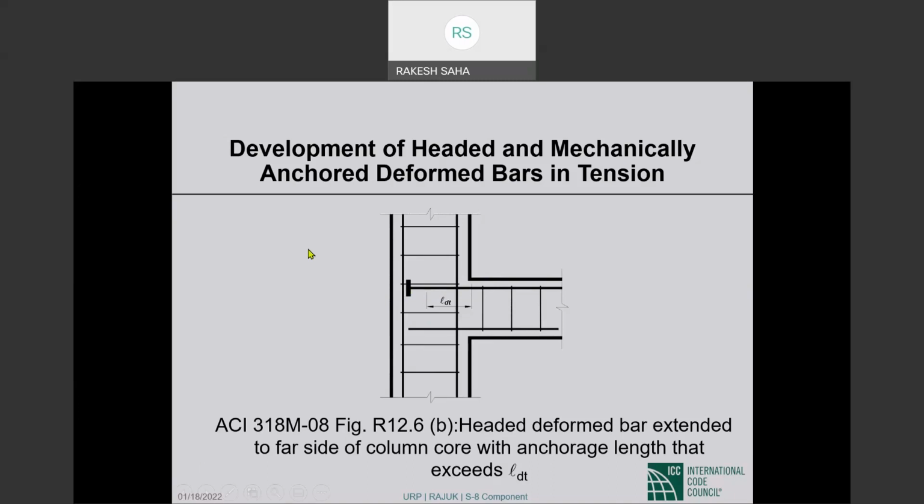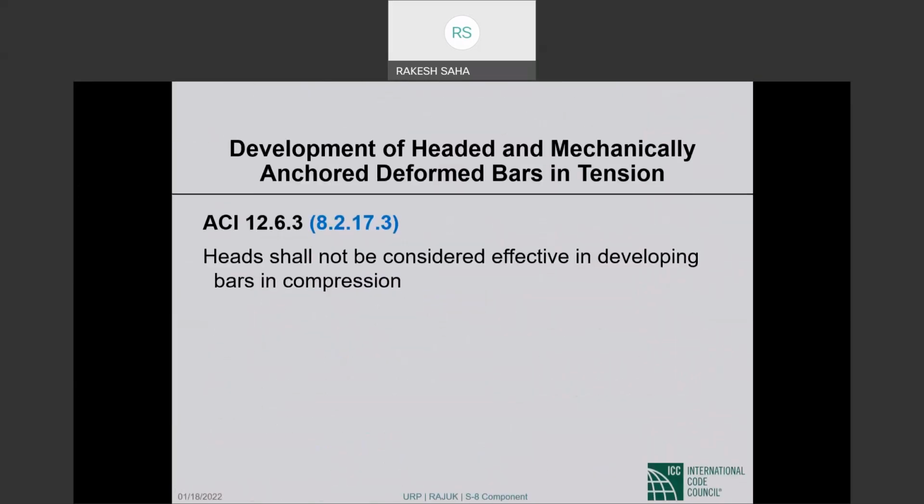This is being recommended because that way you grab more compression concrete. Are you with me? So if this bar tries to pull, it will have to take more compression concrete with it than if the bar terminated here, and that is desirable. You are not paying anything appreciable. So take the bar as far back as you can, although theoretically the bar needs to come only up to here. So this is specifically said in ACI 318.